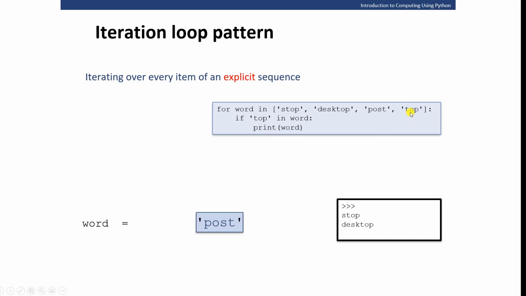And finally at top, which is exactly the substring that we're looking for, we're going to print it. Okay? So iteration through an explicit sequence of values is the simplest usage pattern for a for loop.